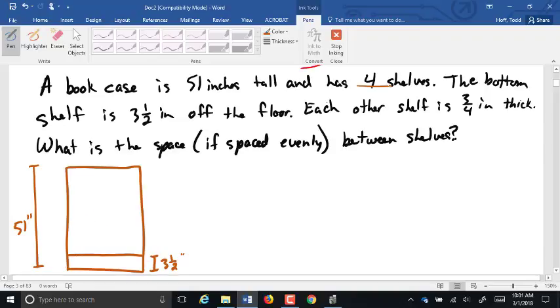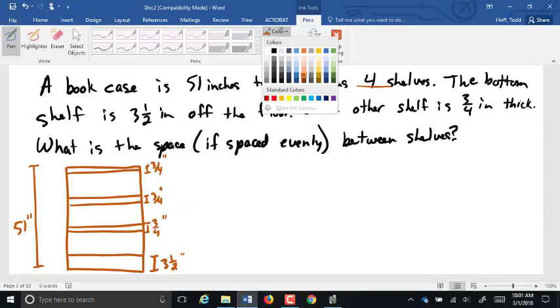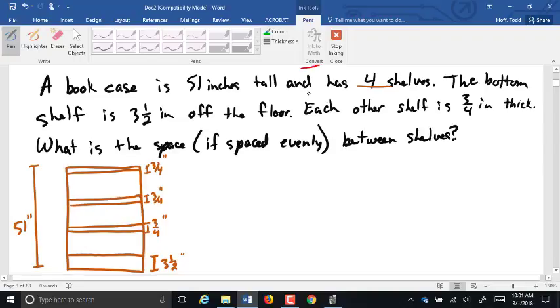There's a total of 4 shelves. One of those shelves is going to be on top. The other ones have to be evenly spaced. Each of them is 3/4 of an inch thick. So the first step we have to do is figure out how much has already been used up.